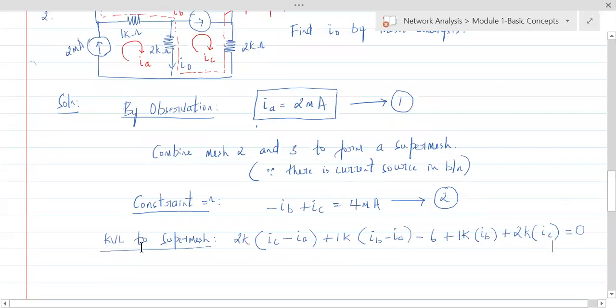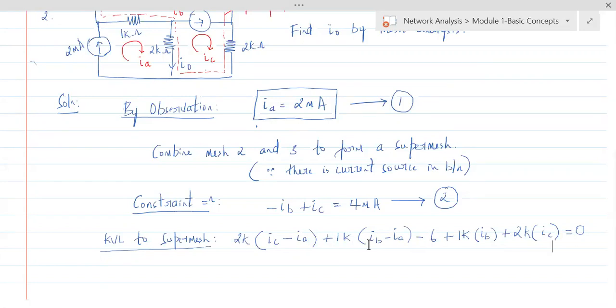Now we can reduce this equation. There are 3 unknowns. We can make this equation of 2 unknowns by substituting IA as 2 milliamperes. Understand that, everybody? So substituting IA, what do we get? Everybody write that.